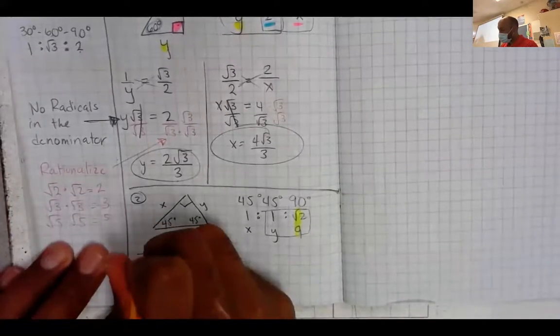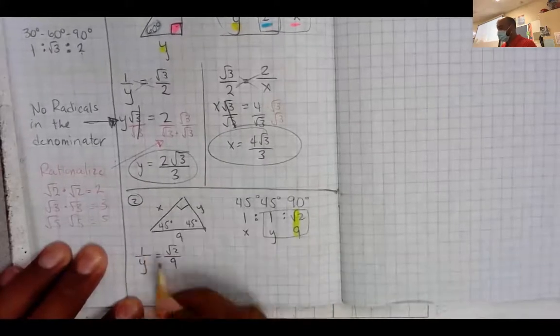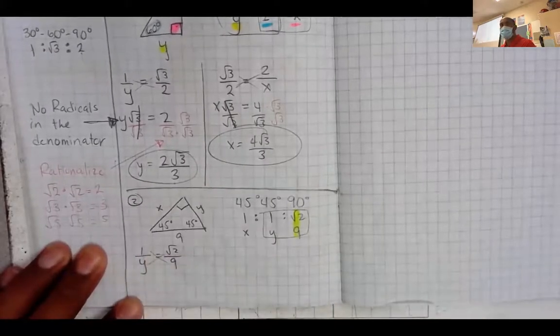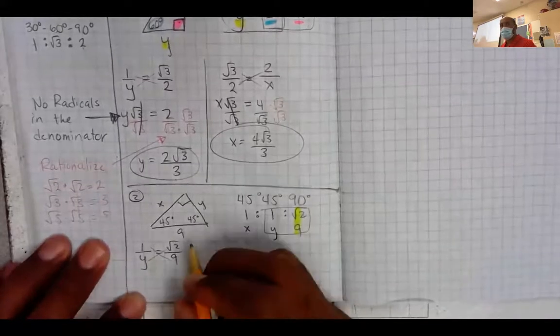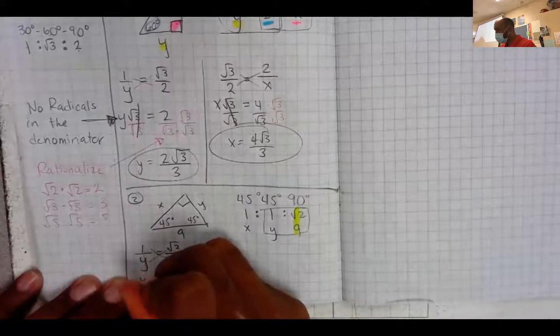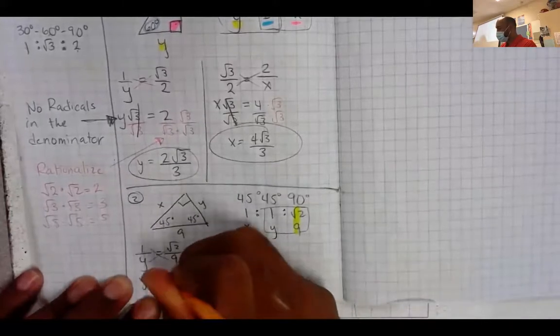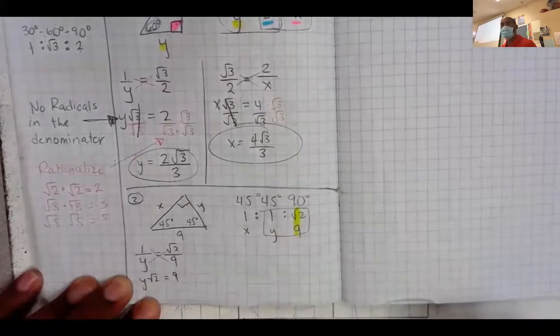So 1 over y, and then rad 2 over 9, cross multiply. So now I have y rad 2 times rad 2, or square root of 2, equals 1 times 9.